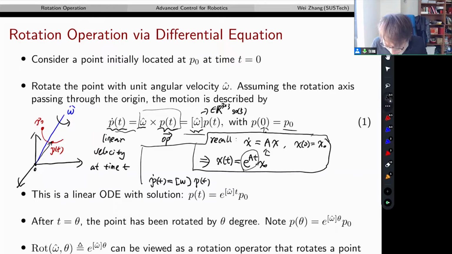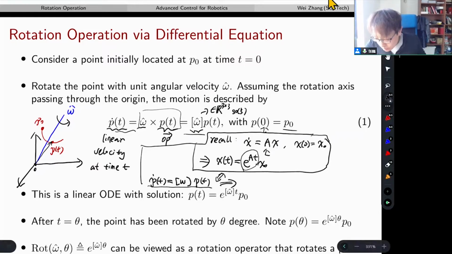So if you make an analogy between these two, Yinghan, you can continue to answer what would be the solution of this differential equation. e to the power omega t times p0.